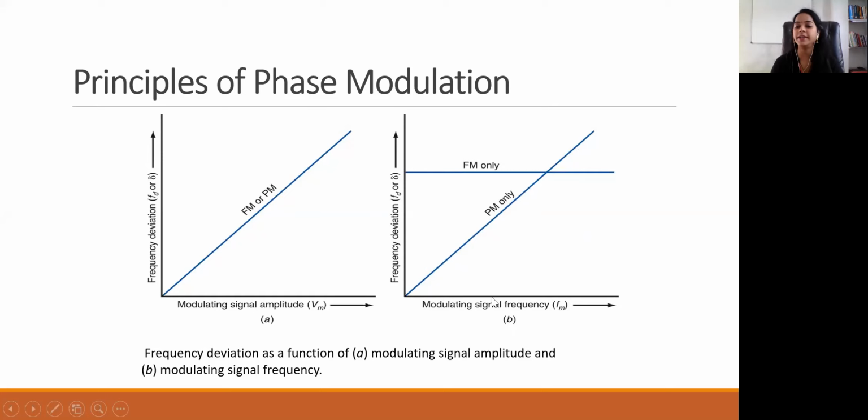As the modulating signal changes its amplitude, the frequency modulated signal will also change. So here it is represented by a straight line. And in phase modulation, instantaneously the phase is changing with all the incoming amplitudes of the modulating signal.